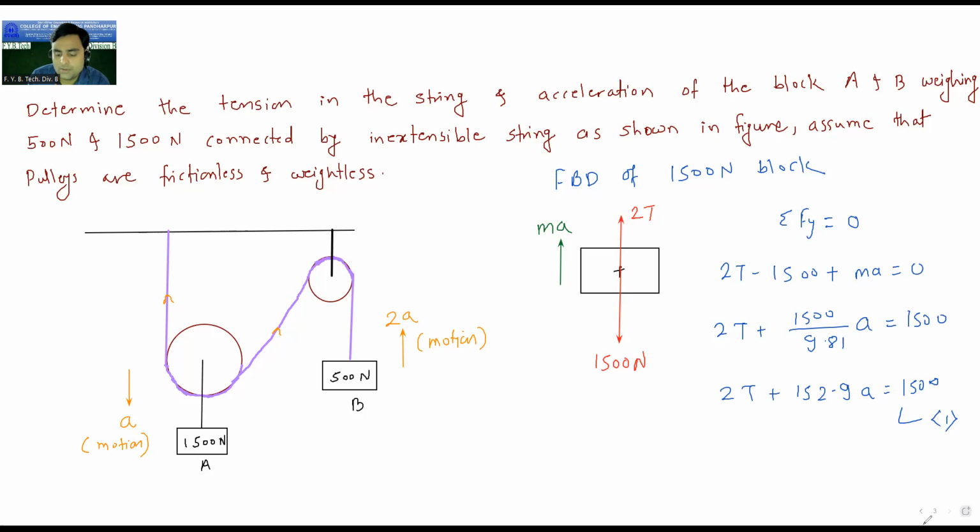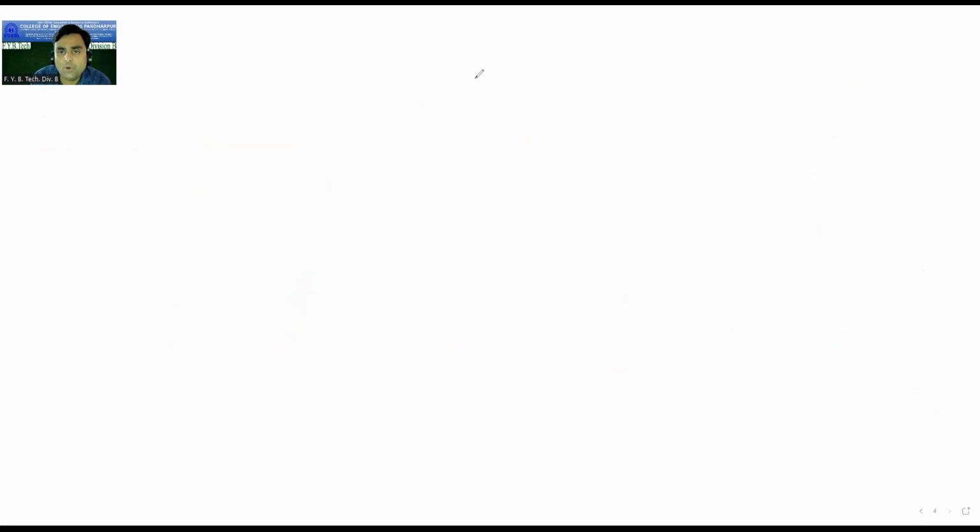Similarly, for the second block, here it is the weight. It is 500 Newton. Tension in the string is T. Then the motion, where is the motion now?